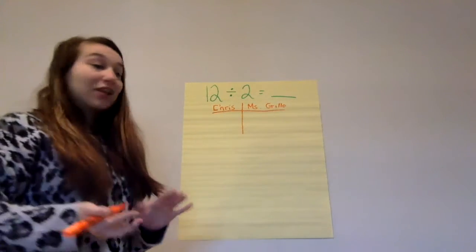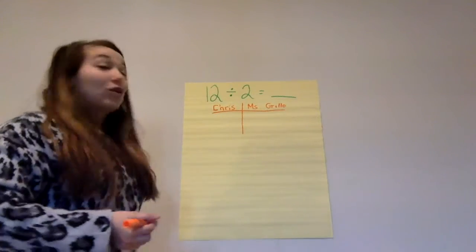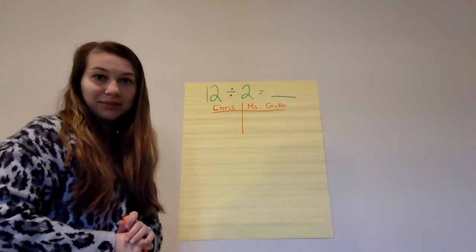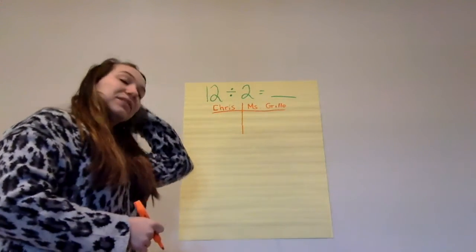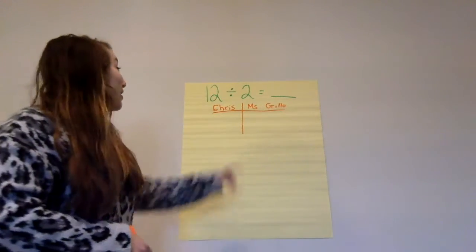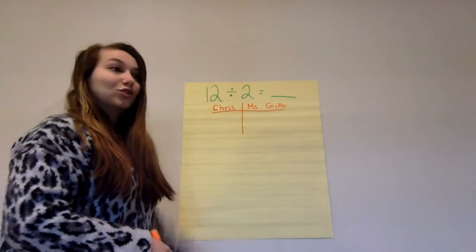And now what I get to go ahead and do is count out 12. But what kind of groups are we wanting to make? Equal groups. Very good. So I need to be putting 1 in each group until I get to 12.